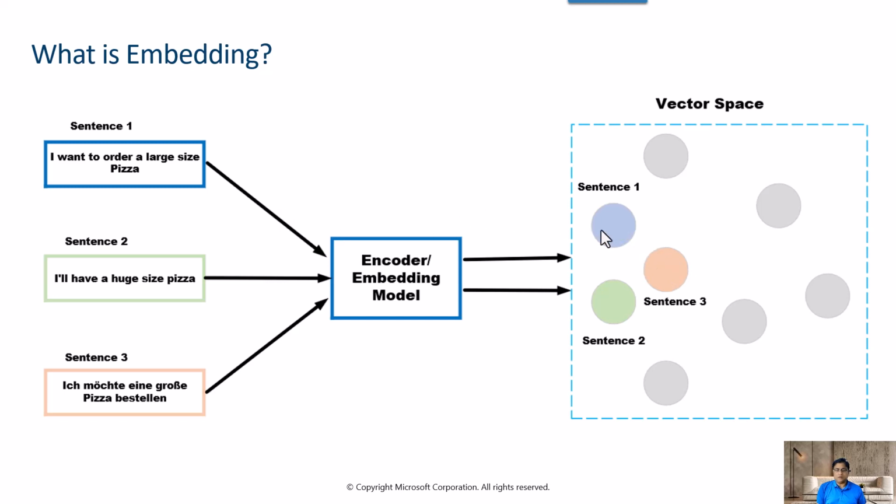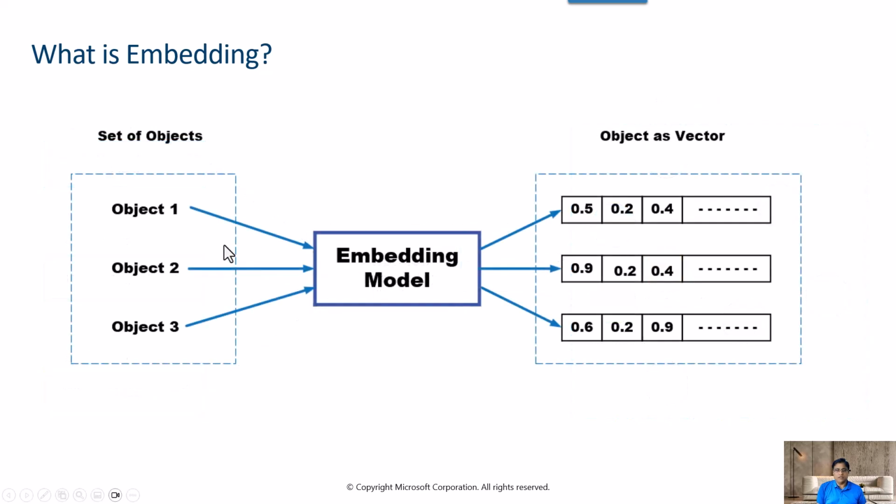So suppose pizza comes here, pizza things are here, and the different things other than pizza will be kept somewhere else. So that whenever somebody asks a question regarding pizza, I know that this is the area for pizza and I can find it. But you might be thinking, how does it know that this area belongs to pizza? Natural language is not understood by computers directly.